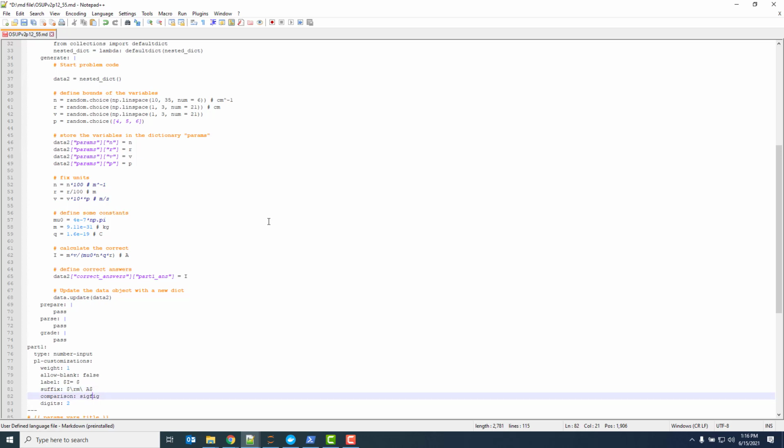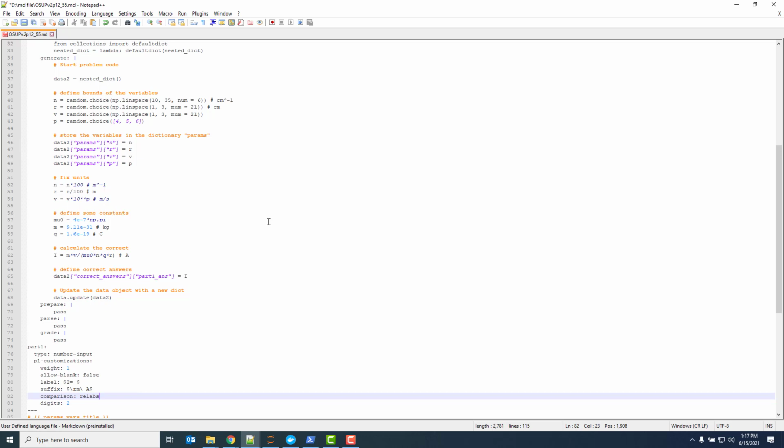And then comparison, what we could do is require that students get this exactly right to a certain number of sig figs. In my opinion, that causes some challenges because if they do rounding in previous steps of the calculation, they could get an answer that's very close but be incorrect at one of the sig fig digits. So I like to use relabs.